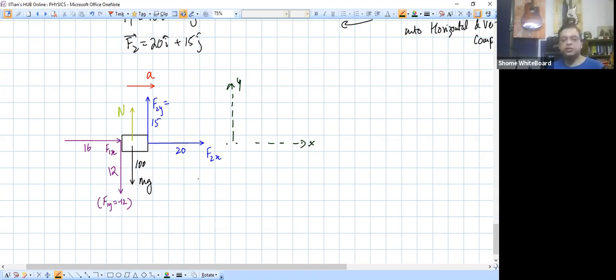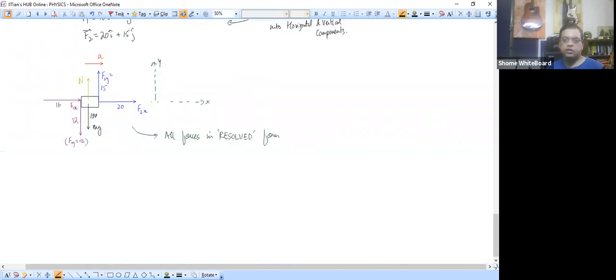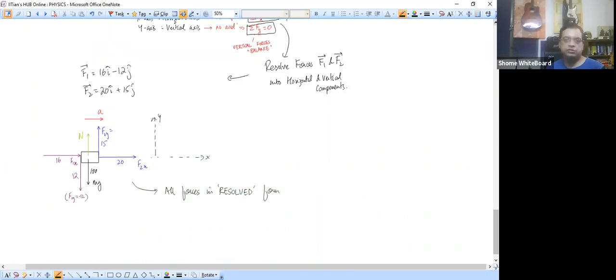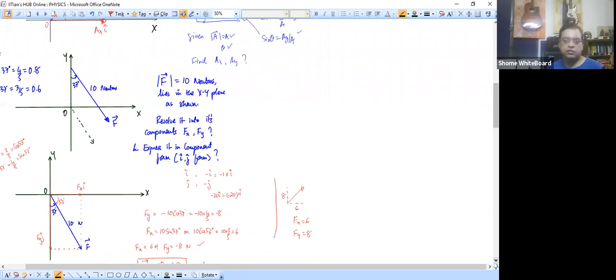This diagram is showing all forces in resolved form, whereas the above diagram was showing us just the forces without the resolution. Okay. So just understand the relationship between this diagram and the above diagram once. Then we can proceed with more about the question. Just a moment.